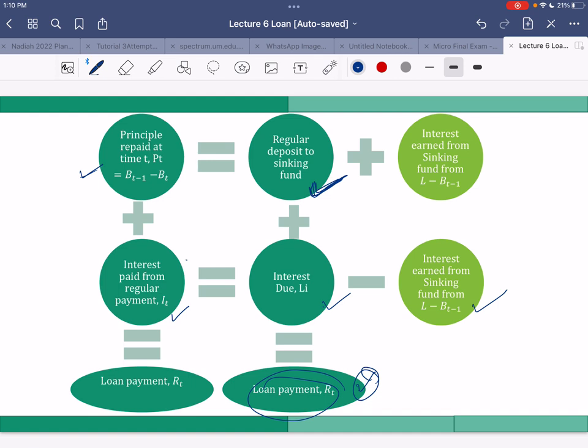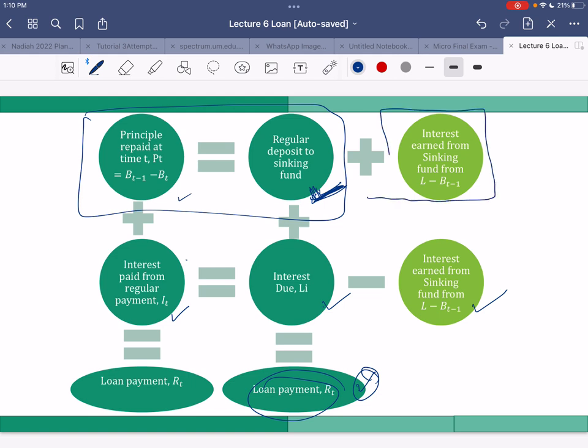The principal repaid is not just the regular deposit to the sinking fund, it's more than that. So these two are not equivalent. The principal repaid depends not just on the regular deposit to the sinking fund, but also on the interest earned from the sinking fund.